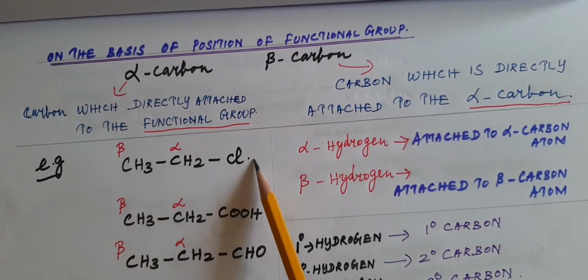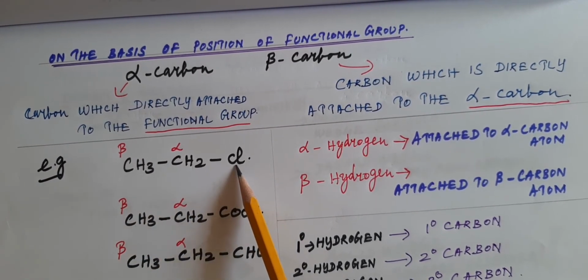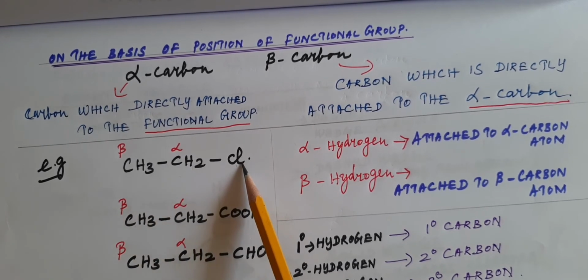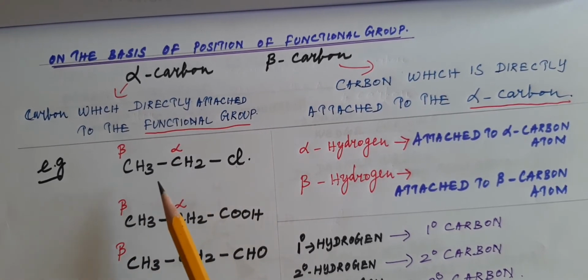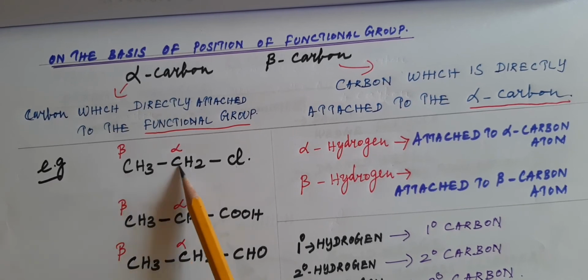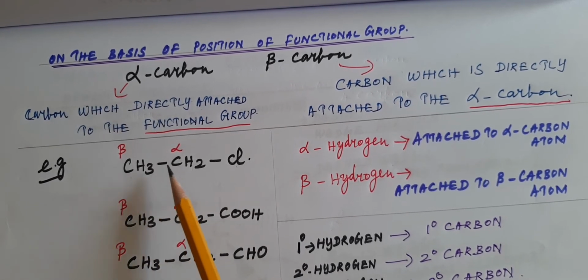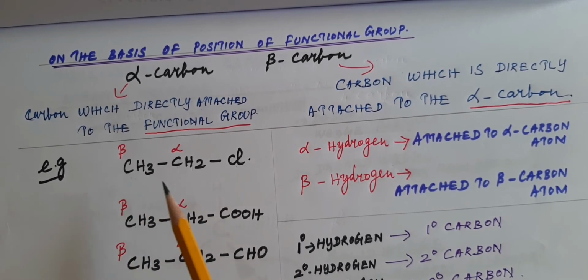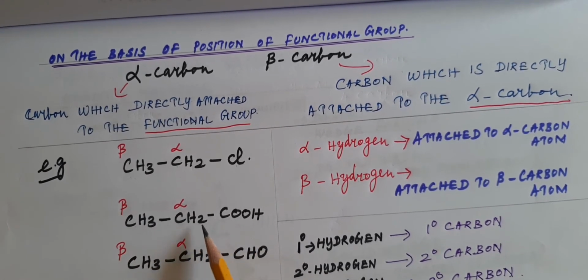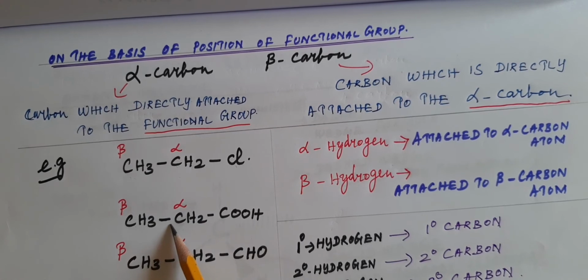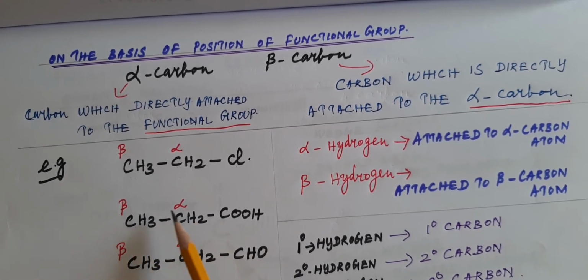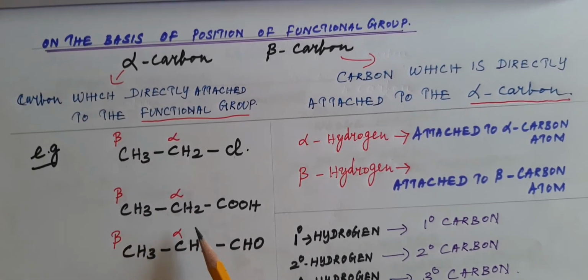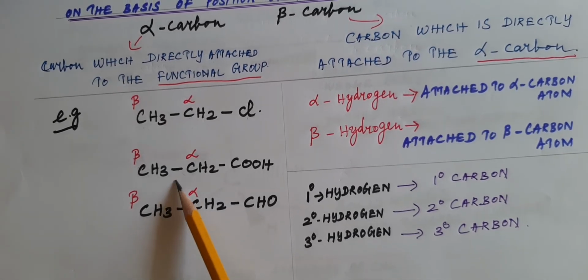In CH3CH2Cl, ethyl chloride, the carbon directly attached to the chlorine is called alpha carbon, and the other carbon attached to the alpha carbon is called beta carbon. Similarly in propane, propanoic acid.